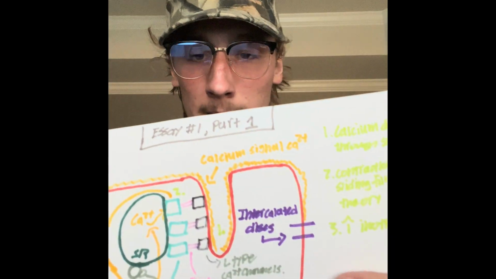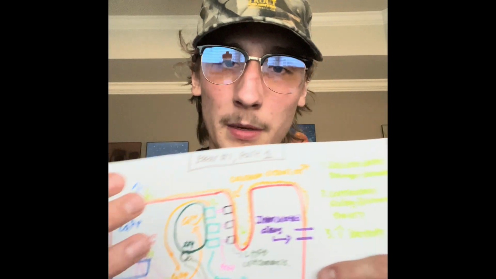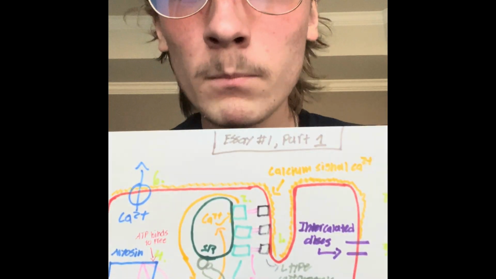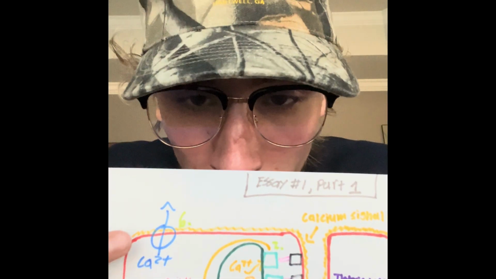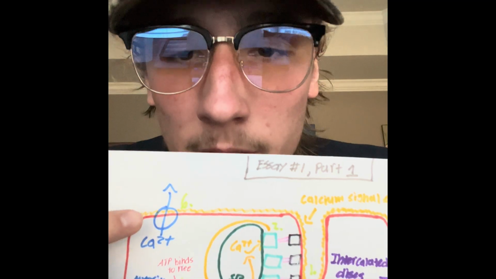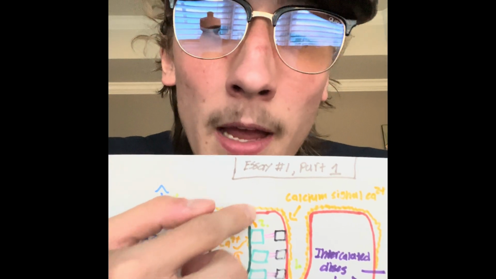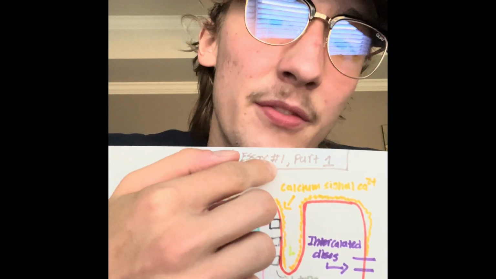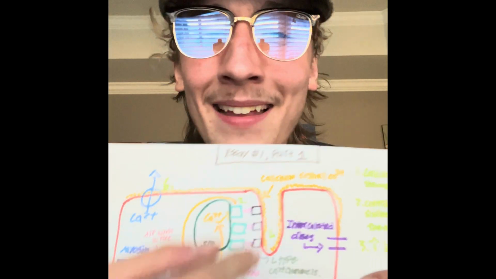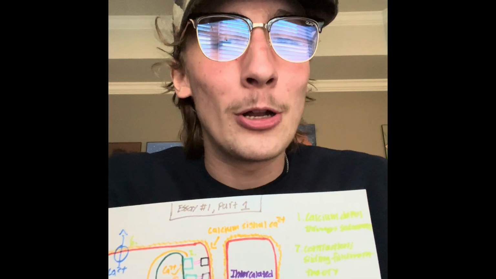And so I know this picture is really big and confusing, but we're going to break it down. So let's focus on this yellow squiggly line first. This yellow squiggly line is this calcium signal traveling across the surface of this cell, but then it hits kind of this dip. I like to think of this dip kind of like the Mariana Trench.